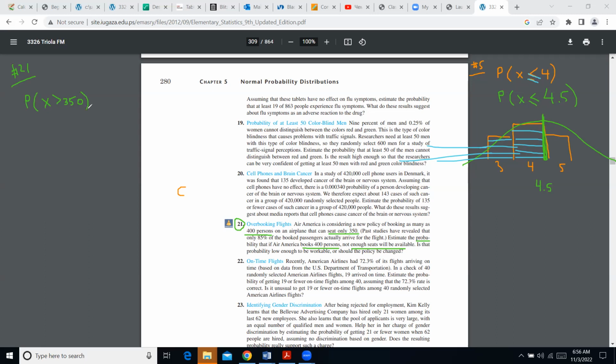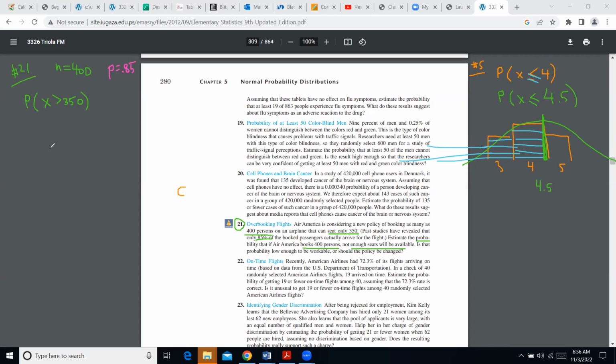So when not enough are available, then it's greater than 350 the number of passengers that actually came to the airport. So they sold 400 tickets for that airplane, and what's the chance that more than 350 will show up if the probability that a person actually comes to the airport is p = .85, which is 85%.